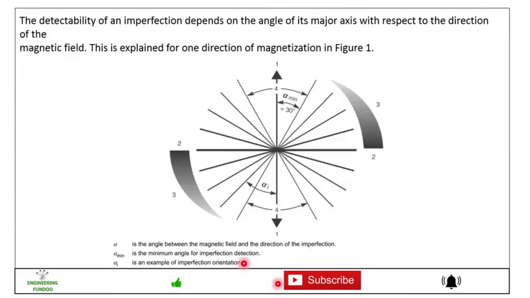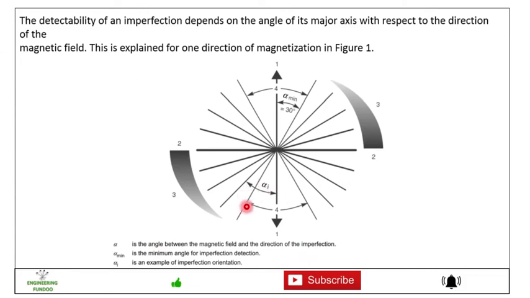Friends, the detectability of an imperfection depends on the angle of its major axis with respect to the direction of the magnetic field. This is explained in figure 1. Here you can see alpha is the angle between the magnetic field and the direction of imperfections.